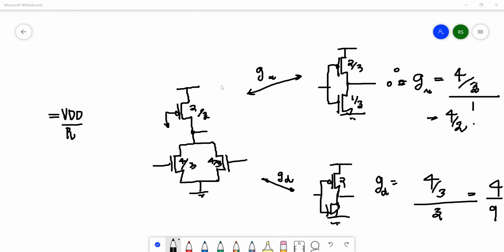This is the equivalent inverter for the rising transition. Once you have that, you can do the GU calculation. GU equal to input capacitance of my gate. Again, even though we are looking at the rising transition, the input capacitance is only 4 by 3, it's connected to the NMOS transistor, divided by input capacitance of equivalent inverter. Input capacitance of the equivalent inverter in this case is 2 by 3 plus 1 by 3 or just 1. So 4 by 3 by 1 equal to 4 by 3.